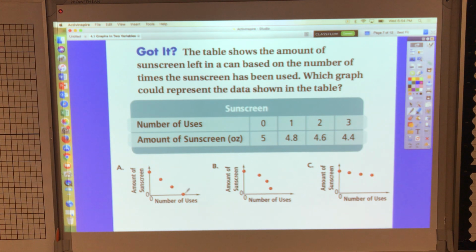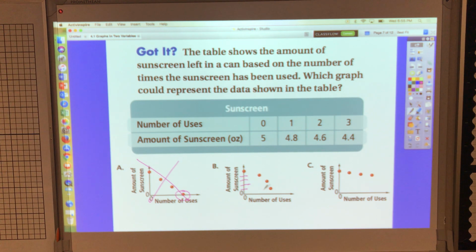So when I look at this, if that's the last piece of data in my table, this graph ends up at 0, saying the bottle is empty, so we know it can't be graph number A. B, same type of thing. If this is 5, we can think about this as being 1, 2, 3, 4, and 5.